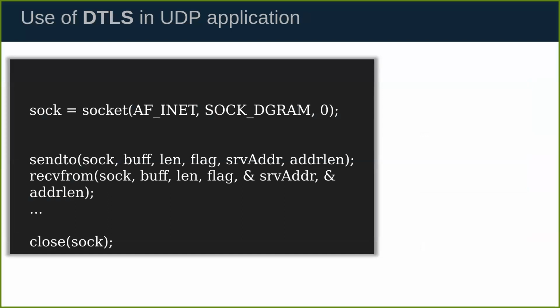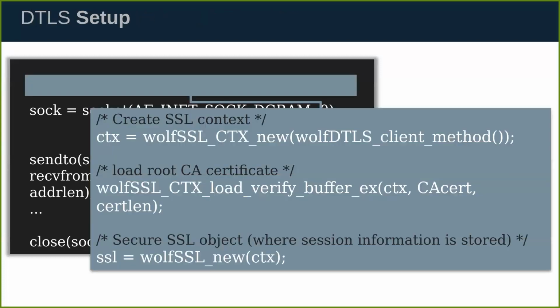Here we have a basic example of creating a socket and sending something to a peer and then closing the socket. This is a very basic UDP socket. There's absolutely no protection for this whatsoever. We're just sending data, receiving data from the peer, and then closing the socket. That's it. So to enable wolfSSL on top of this socket, or to provide DTLS security for this socket, you first need to create the SSL context.